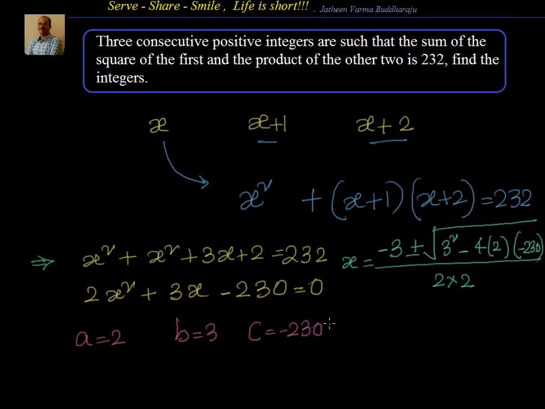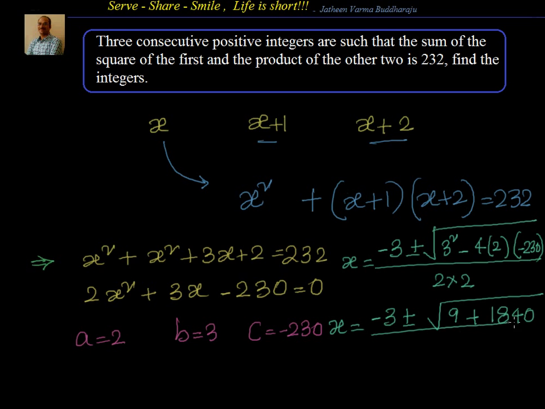So the next step will be x equal to minus 3 plus or minus square root of b square, which is 9, minus of minus is plus, 4 into 2 is 8, 8 into 230 is 1840.